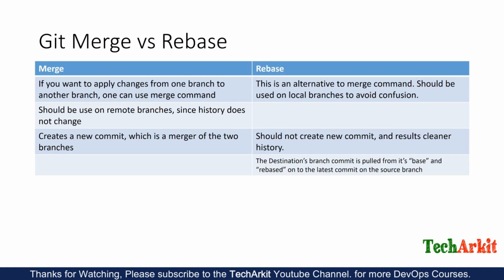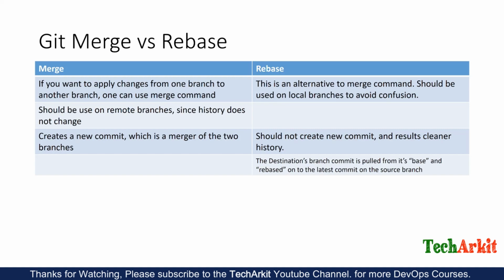So the rebase is an alternative to the merge command, and should be used on local branches to avoid confusion. So why do we have to use local branches instead of remote branches? I will tell you with an example how to use that and all. Merge should be used on remote branches since history does not change for the merge, right? Merge creates a new commit, which is a merge of the two branches.